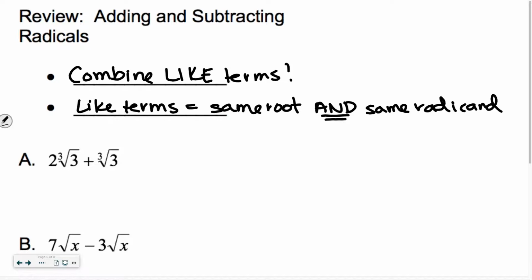Like there's an aisle for square roots of 2, and there's an aisle for cube roots of 4, and there's an aisle for square roots of 5. And you just go shop for whatever radical you need. So you got your little cart, and you're going down the aisle, and you're like, oh my gosh, cube roots of 2. I always need cube roots of 2. So I'm going to put 5 cube roots of 2 into my cart.